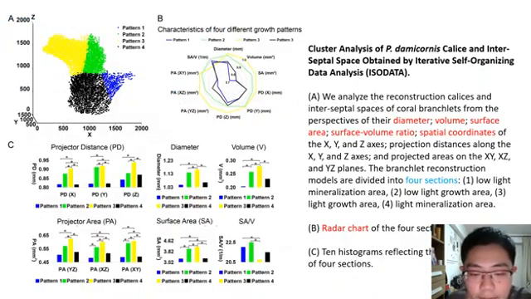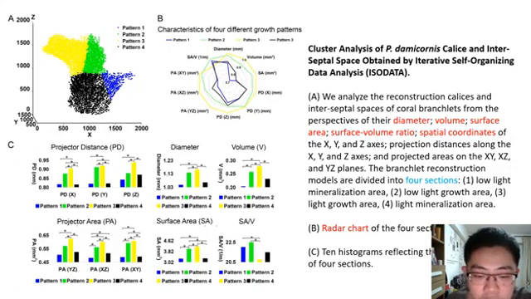Light plays a vital role during the growth of the corals. Different environmental conditions affect calice structures within the same colony, and they can be classified into high light and low light mineralization areas, and high light and low light growth areas based on the modeling.